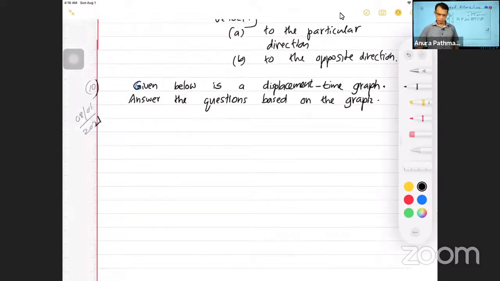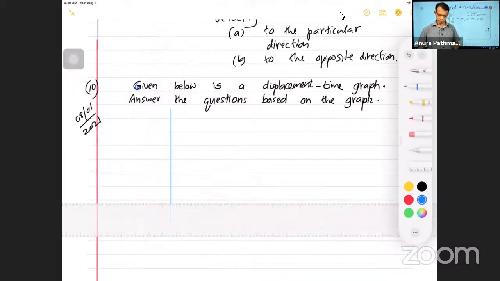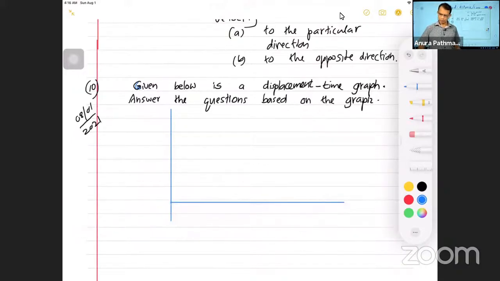All right, this is the graph. I will select blue color. It has two axes, right?